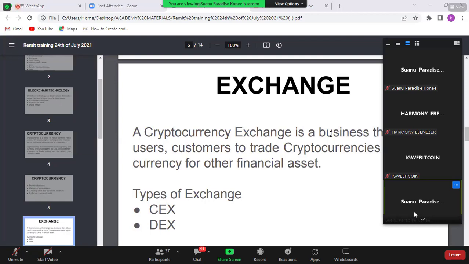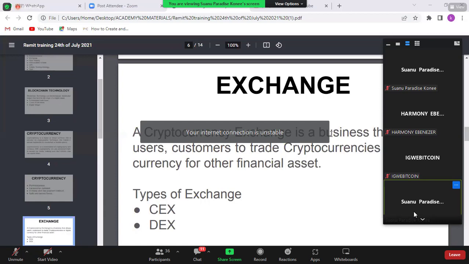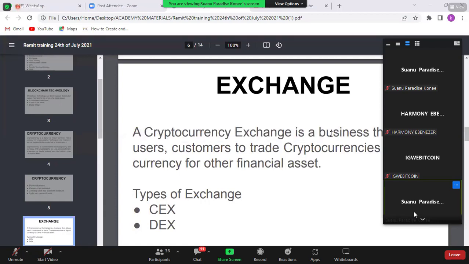Now, an exchange is very large, and I will be going through the definitions of an exchange and examples of the types of those exchanges. So, a cryptocurrency exchange is a business that exchanges currencies or digital currency for financial assets. This is just long English.